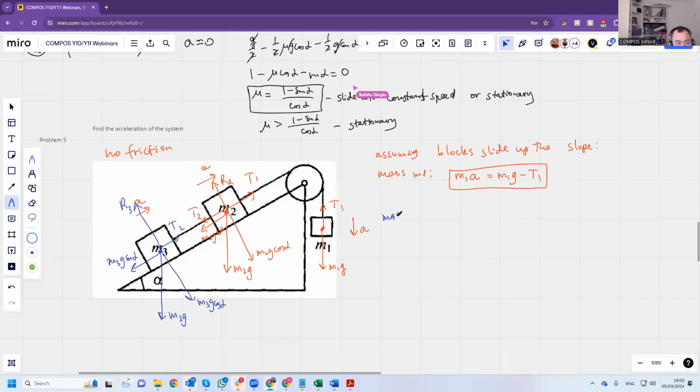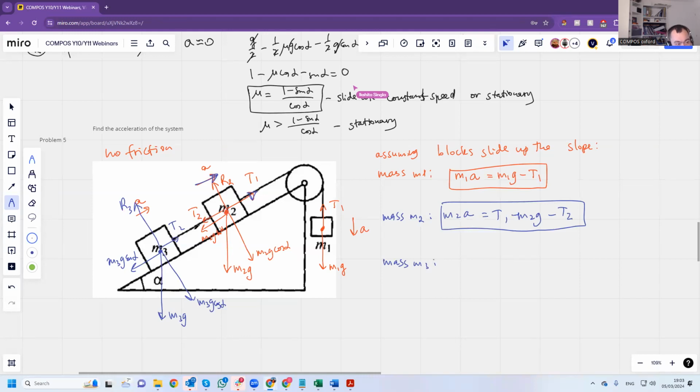So for mass M2, we have M2A, mass 2 times acceleration, because it's accelerating that way, it's the forces that help it accelerate minus the forces that pull it down. Is T1 minus M2G sine alpha minus T2. And finally, mass M3.